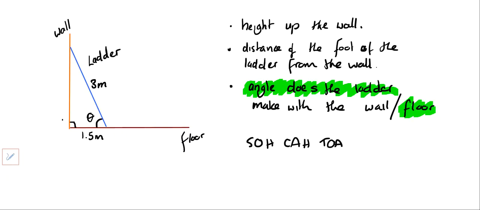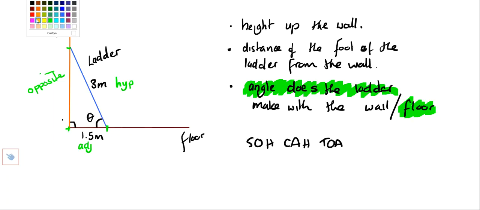So as you were saying, if I label these, this side here is the opposite. 3 meters is the hypotenuse. This is the hypotenuse. Yeah, 1.5 meters is the adjacent, so from here to here. So we're going to be using cos.